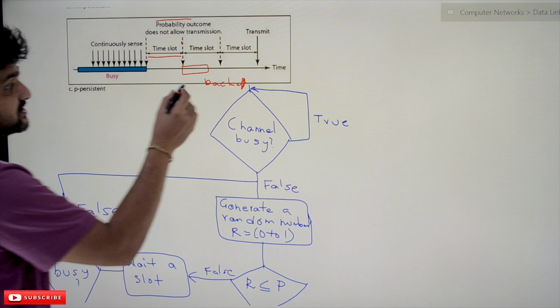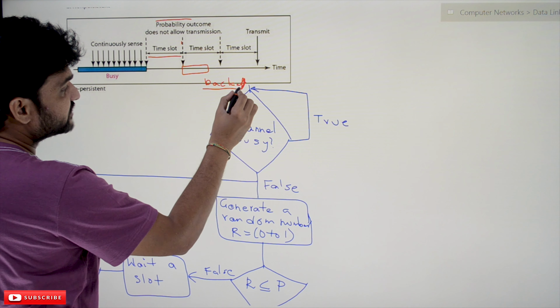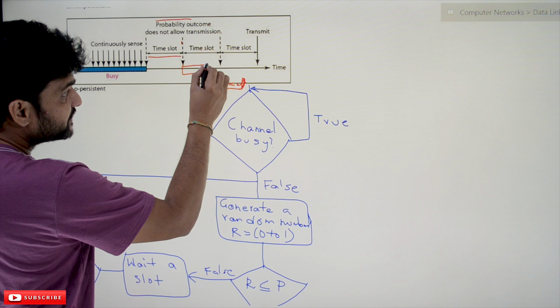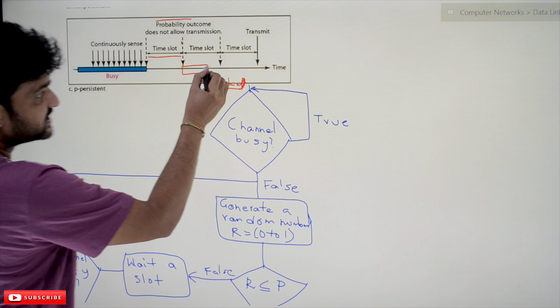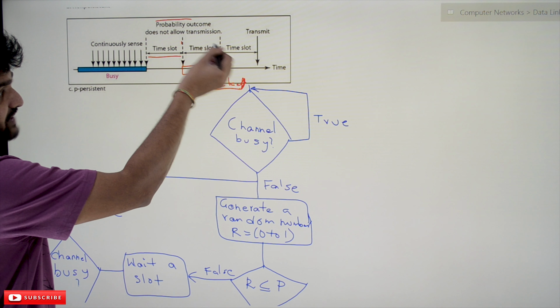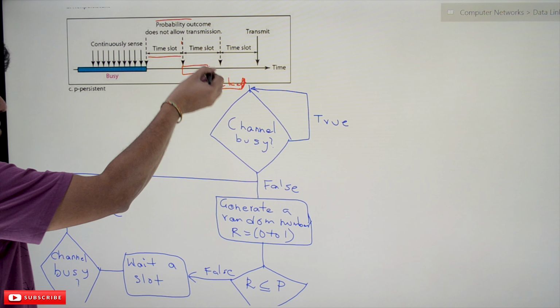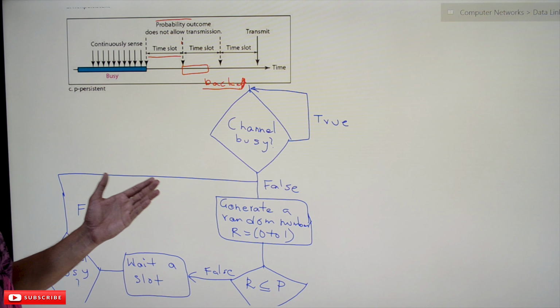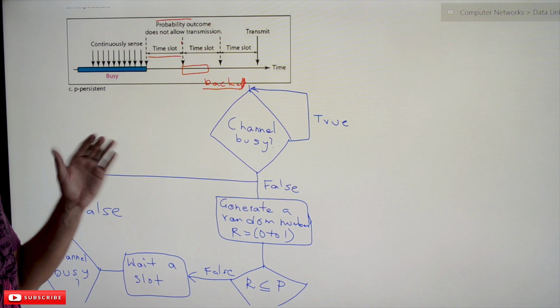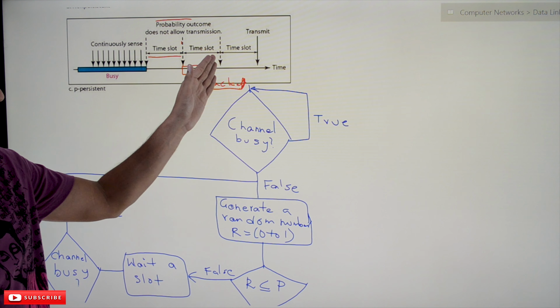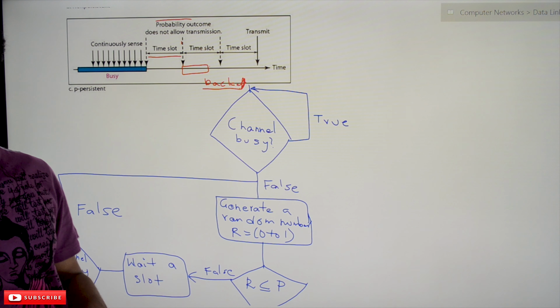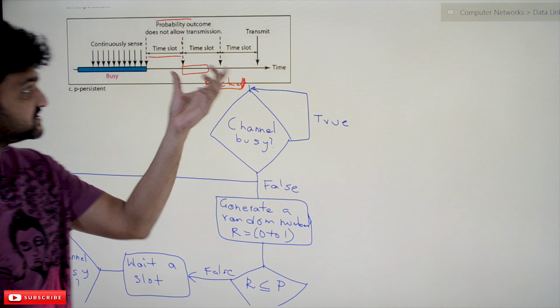After that back off time it will again sense the channel, and if it finds that the channel is idle, it again waits for the next time slot and transmits.